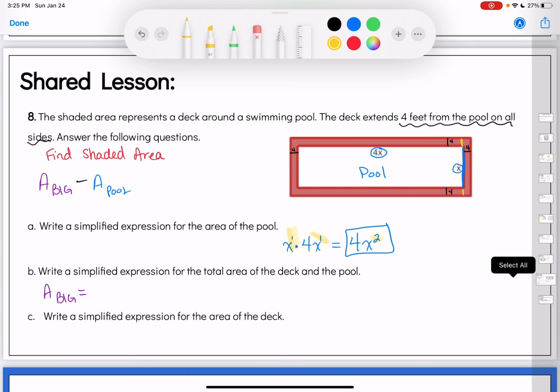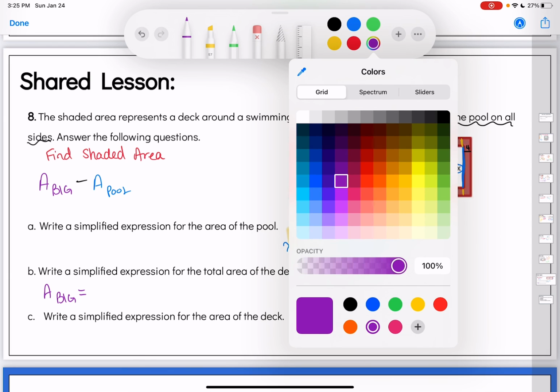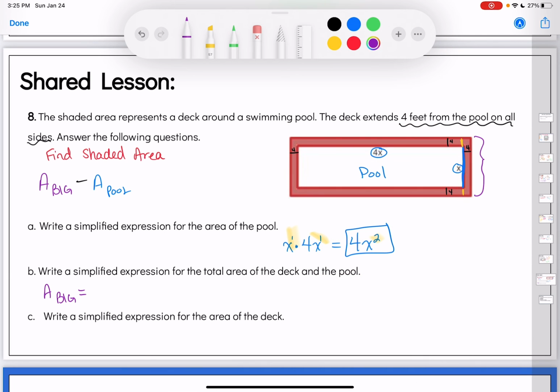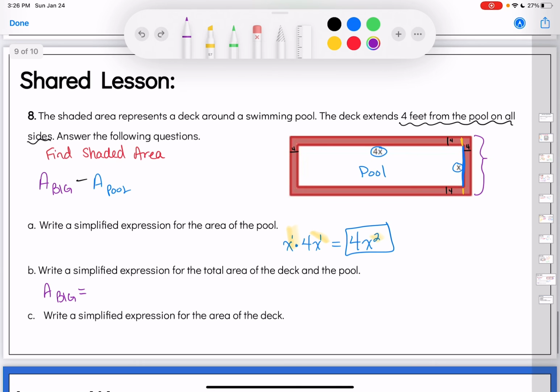So if x is in the middle, 4 on the top, 4 on the bottom, that must mean that this whole side would really be 4 plus x plus 4. But I really want to write that as x plus 8, right?